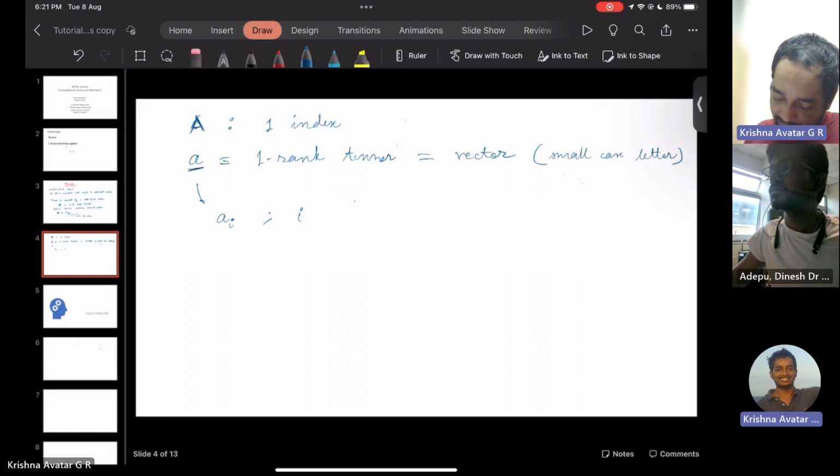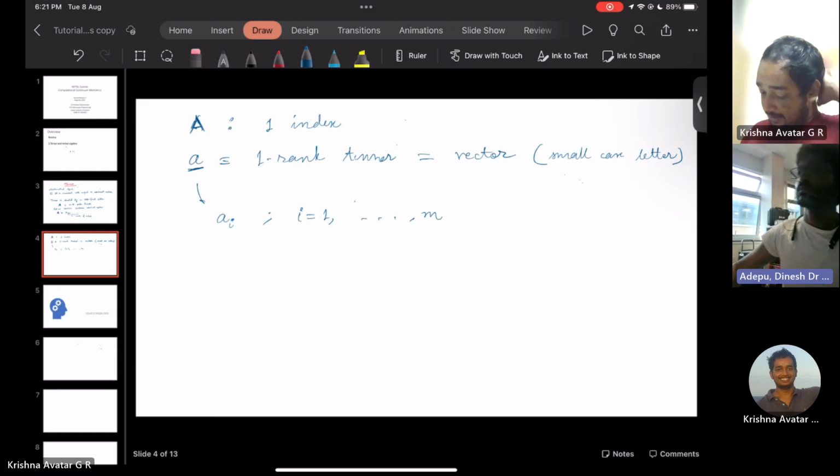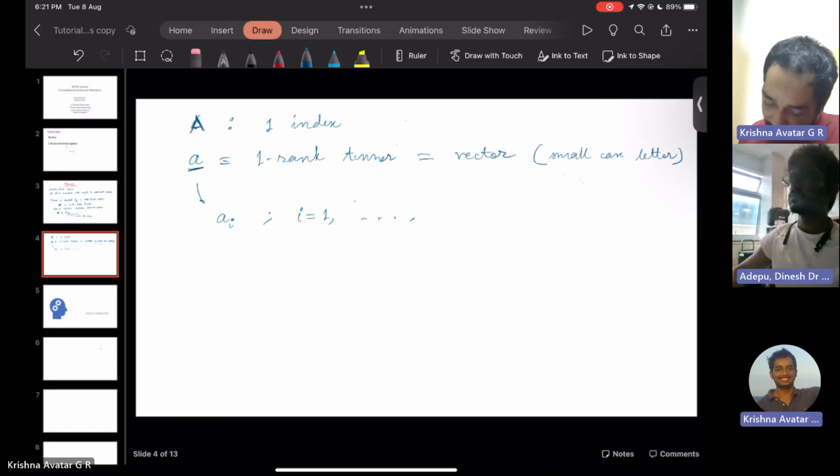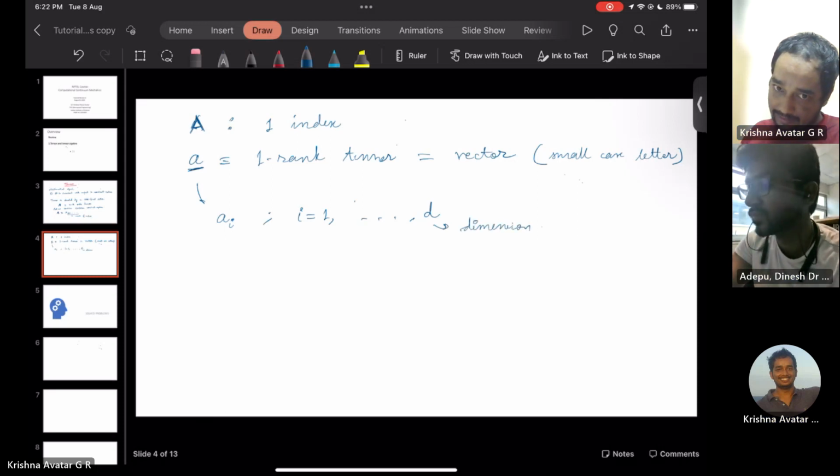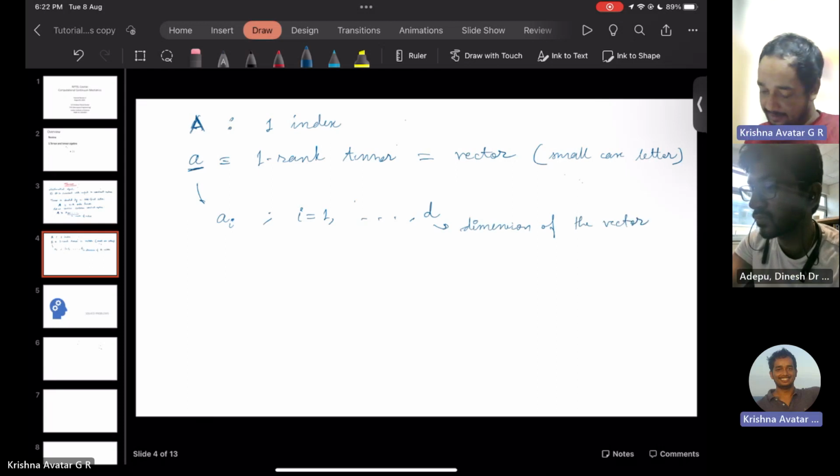Now i can go from 1 to d, where d here represents the dimension of the vector.